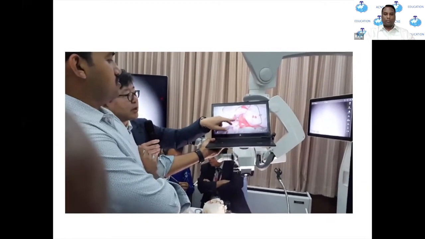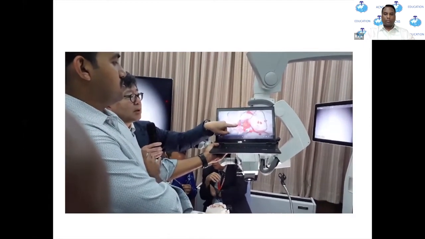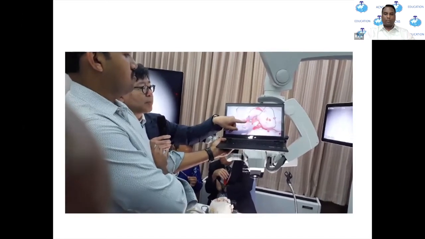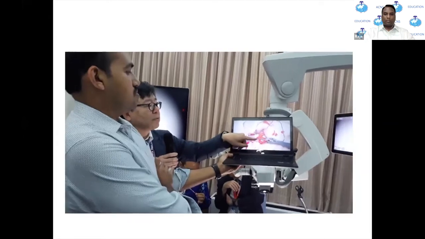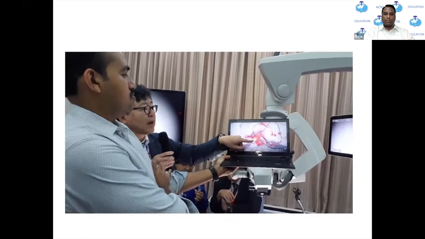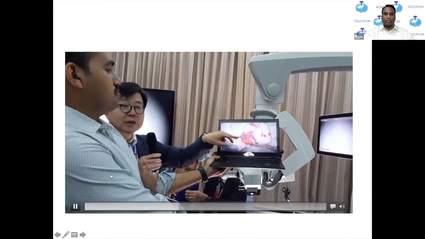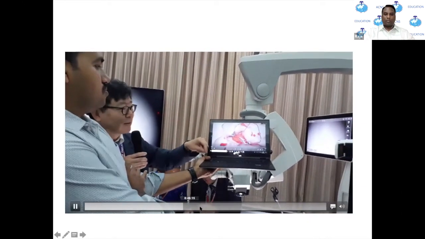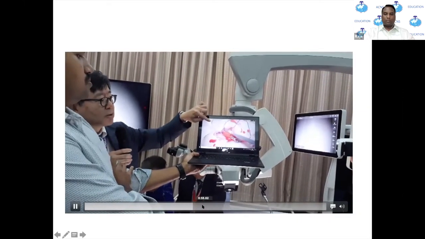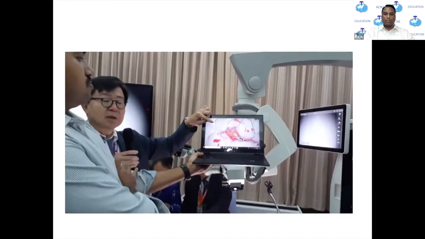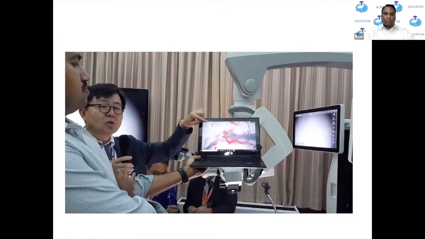So a temporary clip was placed on M1 and the bleeding stopped. During the temporary clipping, we have to secure the neck, and we can perform the permanent clipping like this. And then don't forget to remove the temporary clip. See, removing the temporary clip like this. So this is the basic procedure to manage intraoperative bleeding.